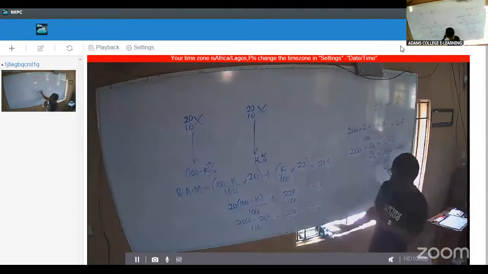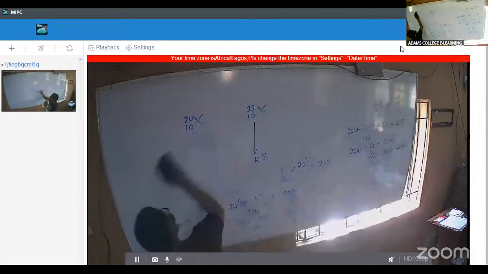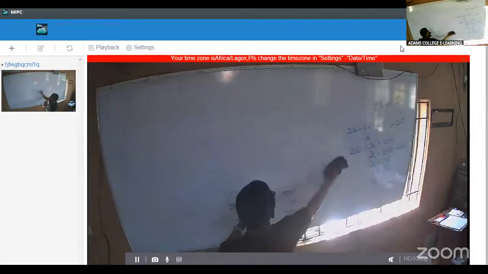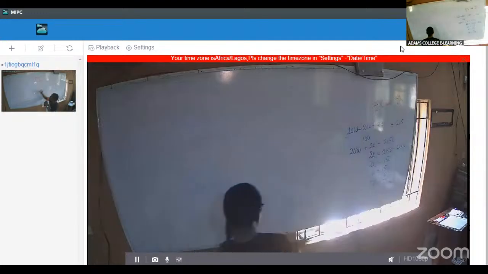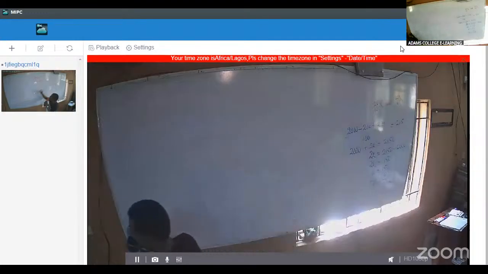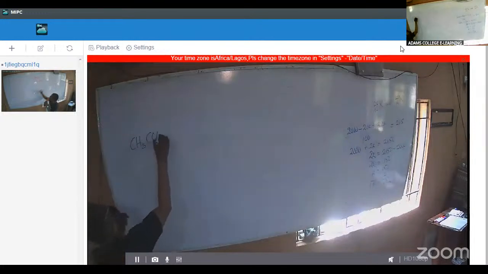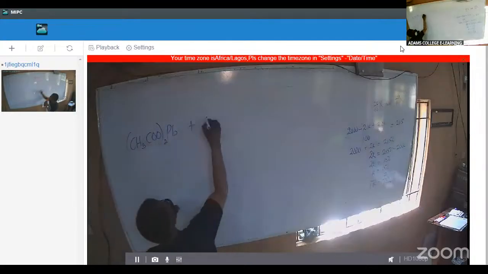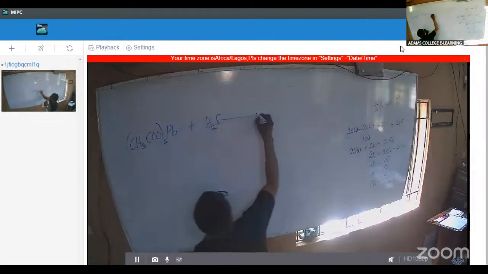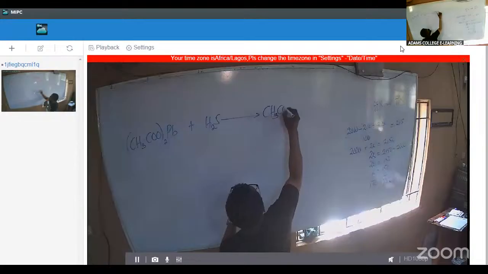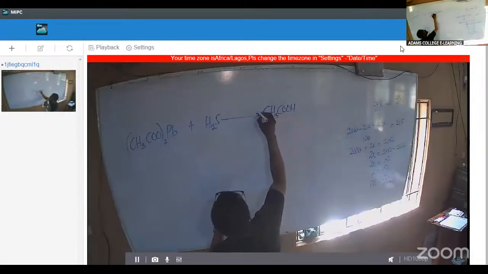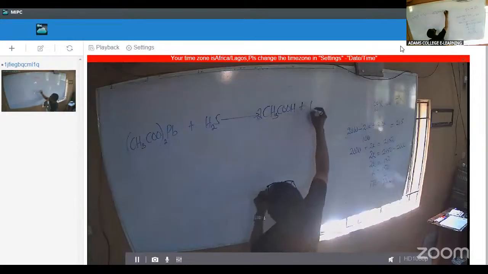I'm sure you all know the answer. Let me show you something. Look at this. Lead ethanoate plus hydrogen sulfide gives ethanoic acid plus PbS.